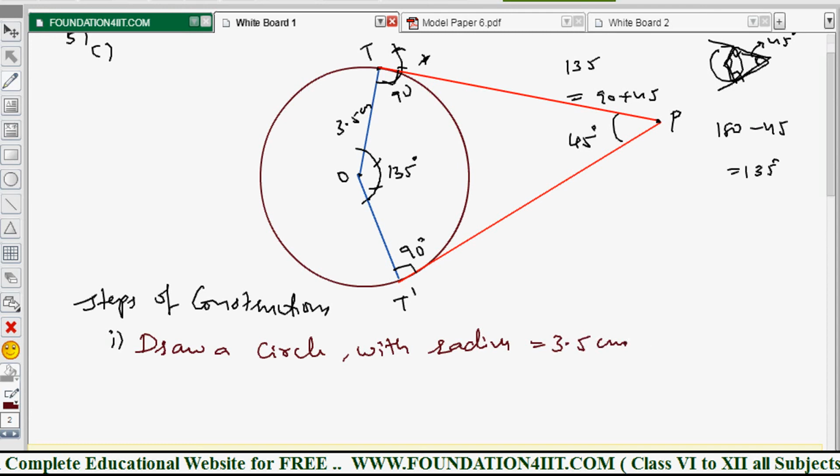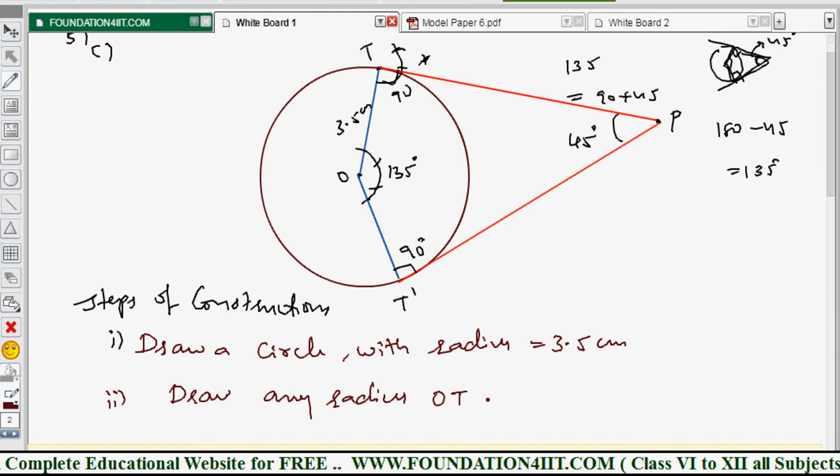Let O be the center. And draw any radius OT. Any line you can take. So draw any radius, that is OT.